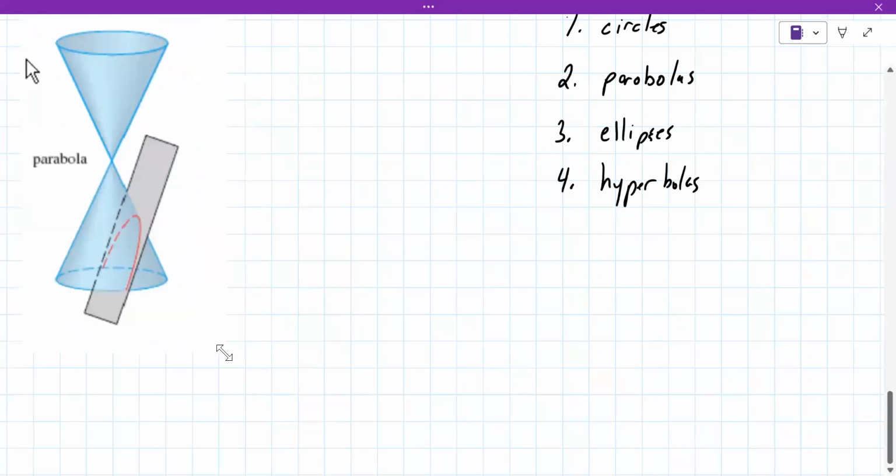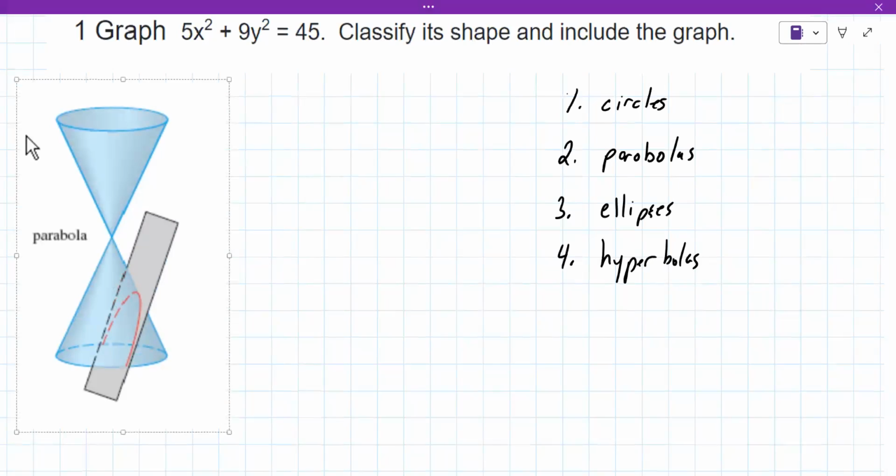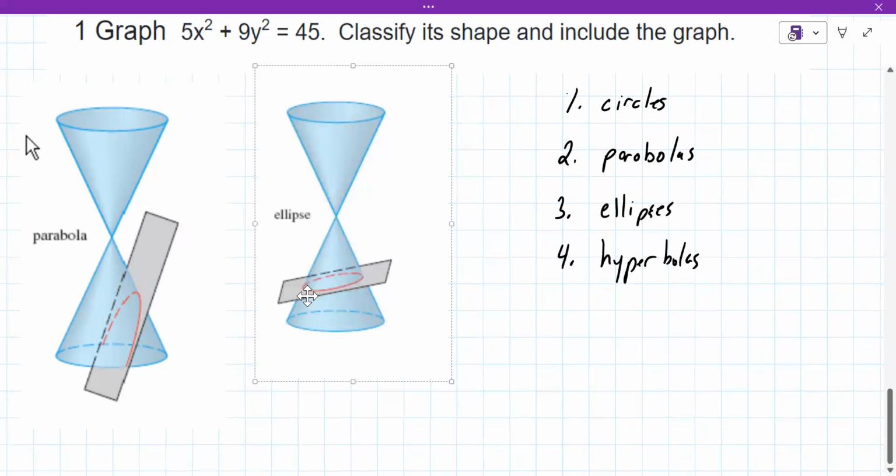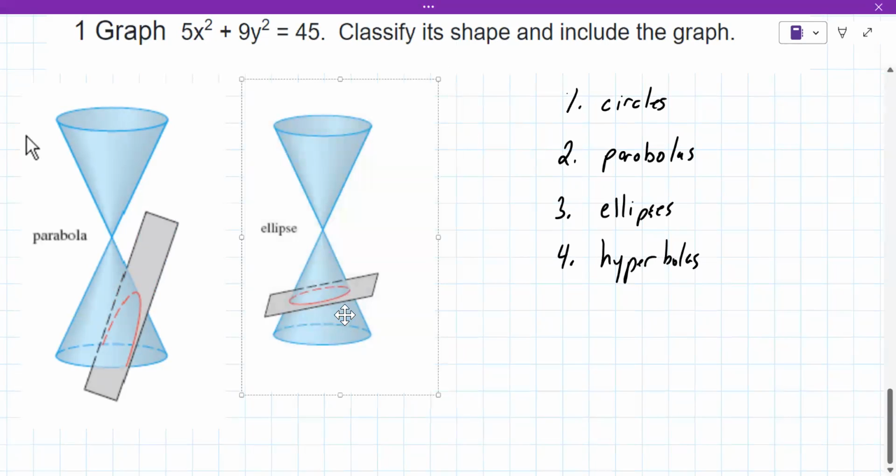So that's shape 1. The ellipse looks most like a circle, and it's one that goes again kind of through the cone, but at an angle. And so it looks kind of oblong or an oval, you might have heard in an earlier course.